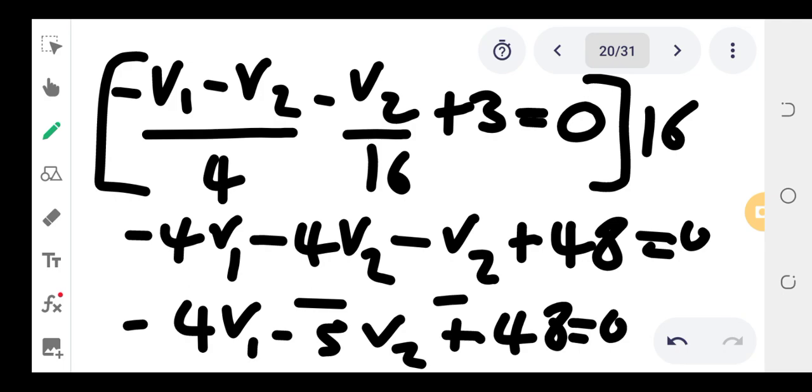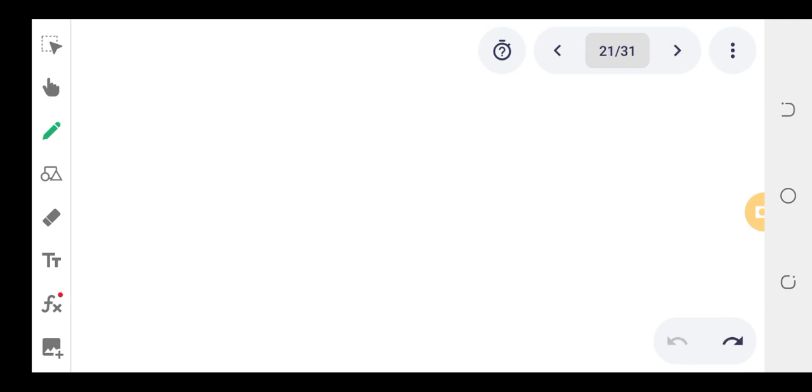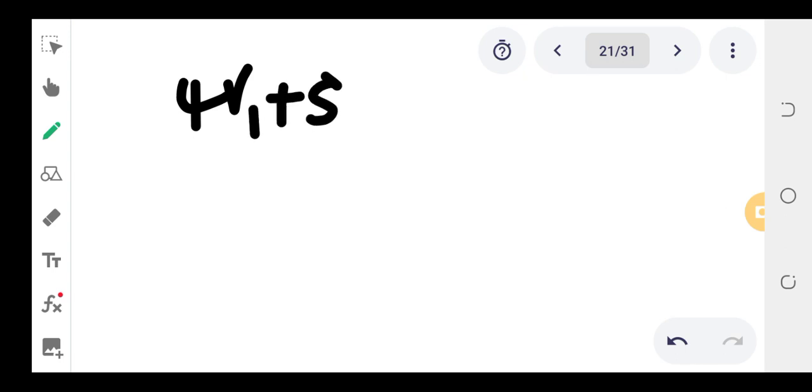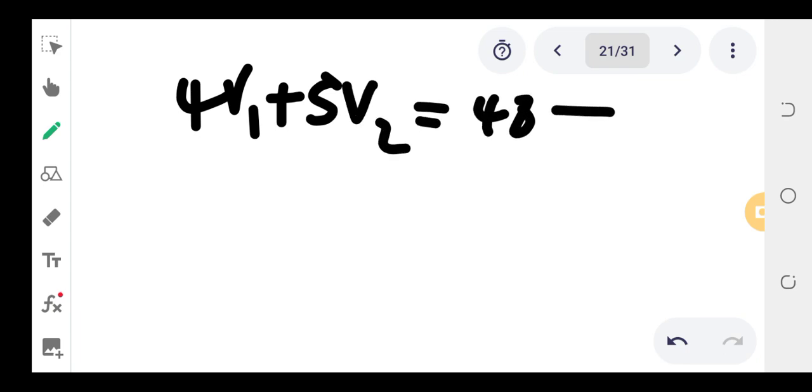We have collected the like terms already. So now it's just a matter of dealing with the sign distribution. So let us omit all these negatives by crossing the equal sign. If we cross the equal sign, we have 4V1 plus 5V2 equals 48 now. So this is my equation 2.